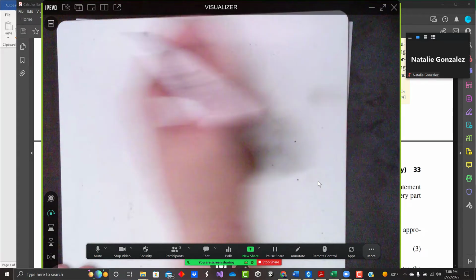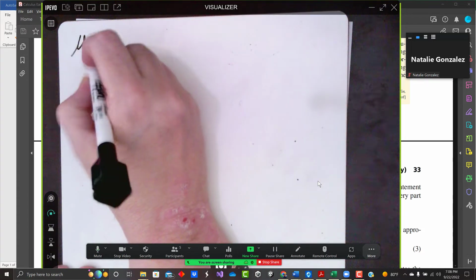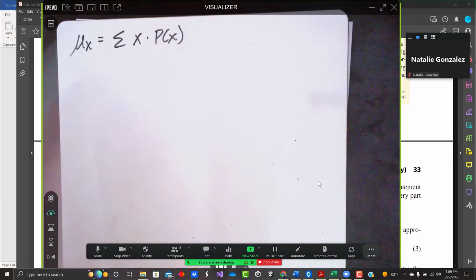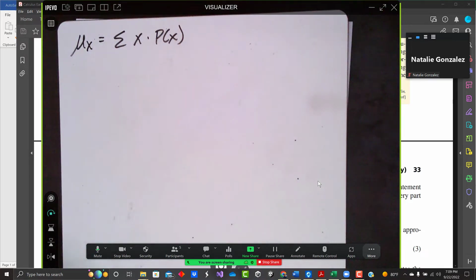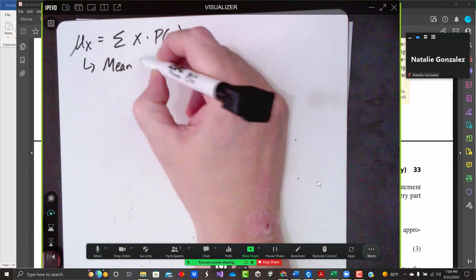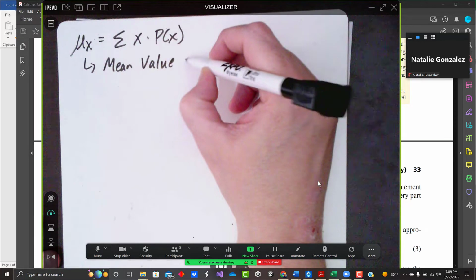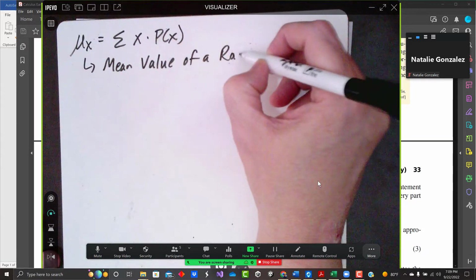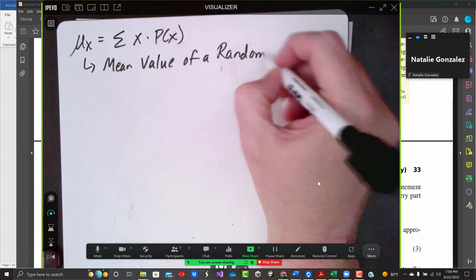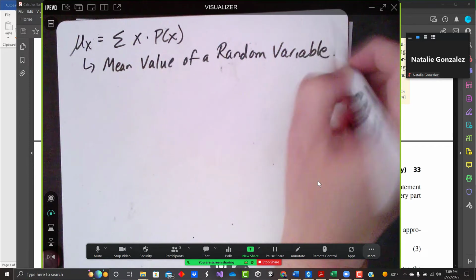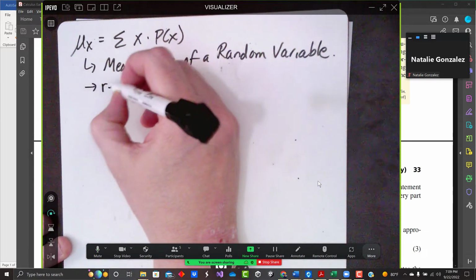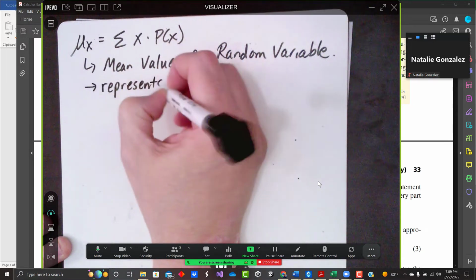So we had mu of x equals the sum of x times p of x. Okay, and so this is the mean value of a random variable. And it also happens to represent the value we expect to see in the long run.